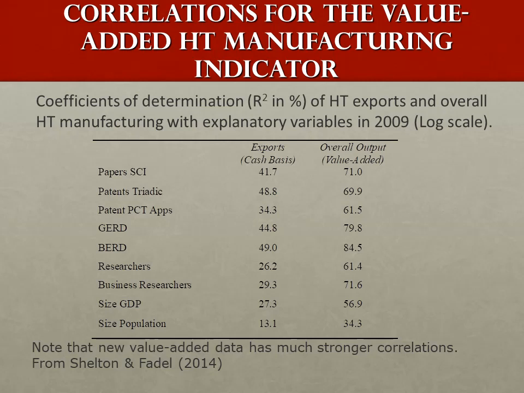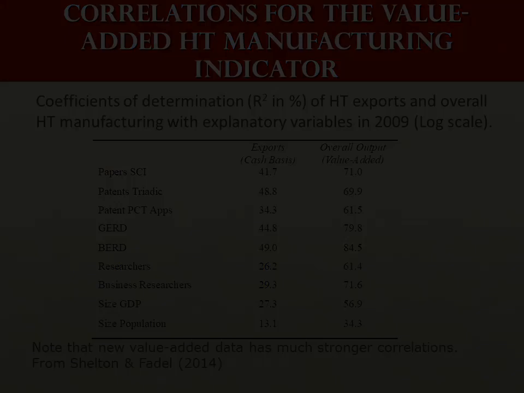And not surprisingly, as you see, it's got the highest correlation with high technology manufacturing. So business does a better job of that than government or any of the other indicators as a predictor for high technology manufacturing. So we'll focus on Bird.